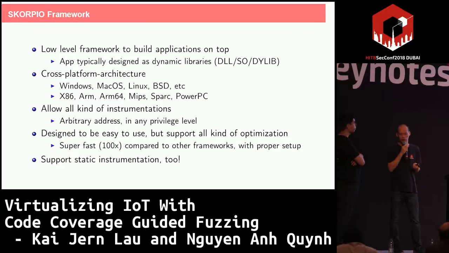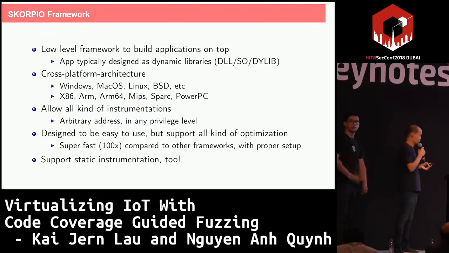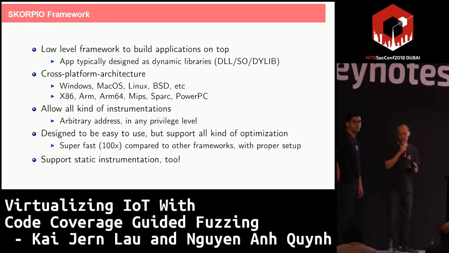Scorpio works on Windows, on macOS, on Linux, on BSD, and on everything you can try. It supports all CPUs. It works for Intel, ARM64, MIPS, SPARC, and PowerPC. And it allows all types of instrumentation that I presented. It's designed to be very easy to use, but supports all optimizations. For some special setups, it can be like 100 times faster compared with other frameworks.